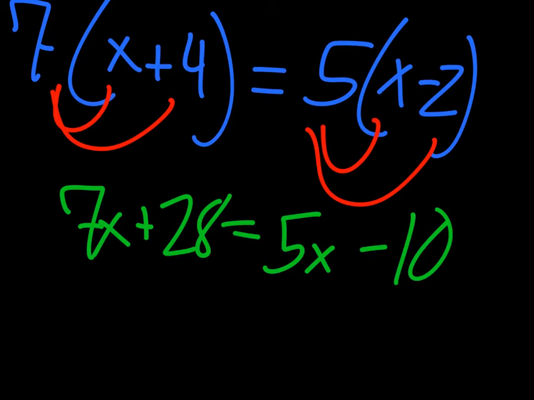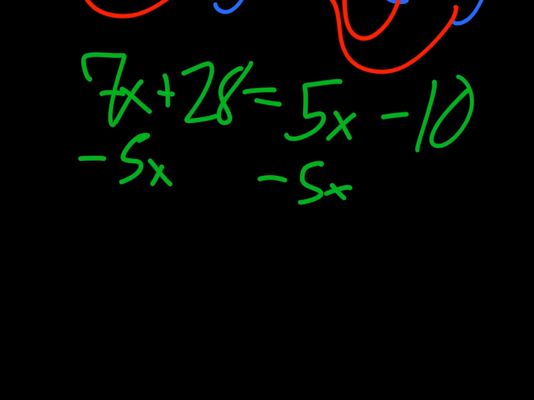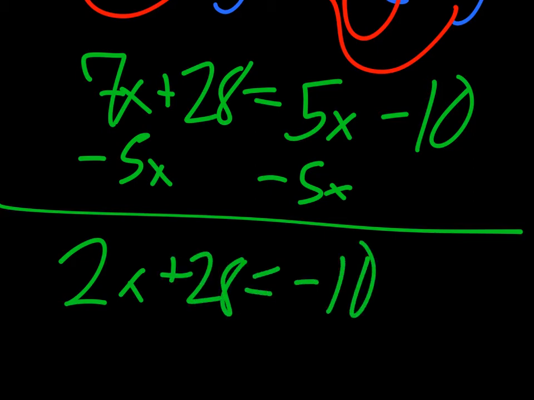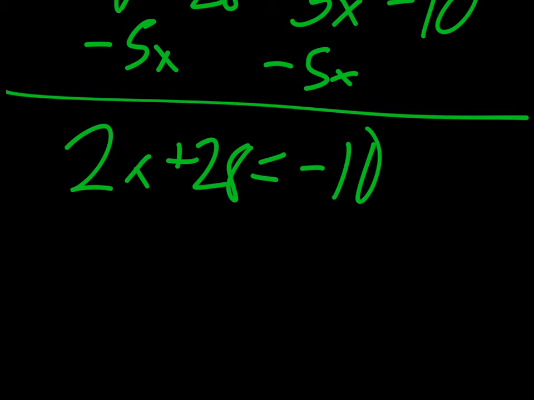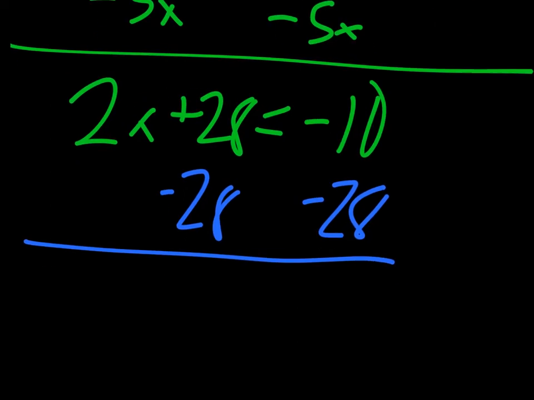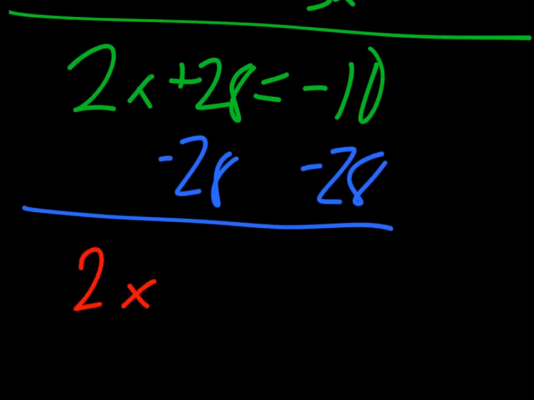And then we subtract 5x because we want to get the variables by themselves. And then we get 2x plus 28 equaling negative 10. Now we subtract 28 onto the other side, and we get 2x equals negative 38.